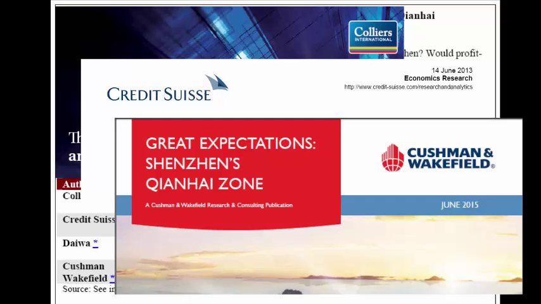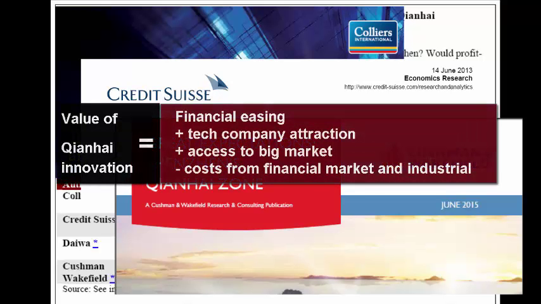And we can summarize the value that most pundits see in Qianhai with the following 4 components. Most observers of Qianhai see the value of the project as easing financial constraints, attracting more investable funds, attracting technology companies in the same geographical place where they can learn from each other, a region where these high-tech companies can access China's very large market, and reducing costs minus the costs that these companies would incur from competing extensively with each other and with competitors in Shenzhen, in Hong Kong, and on the mainland.